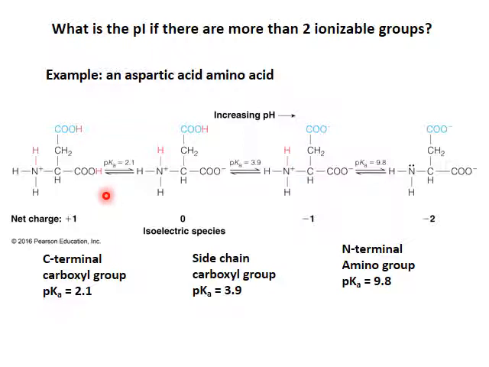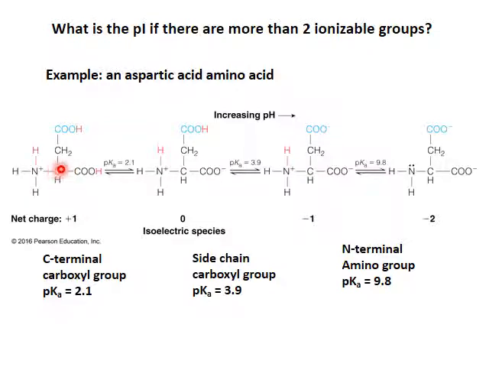So let's look at another amino acid called aspartic acid. Aspartic acid has similar features to glycine. You have a carboxylic acid group off the alpha carbon. You have an amino group off the alpha carbon. All amino acids have these two functional groups, but the side chain is different.